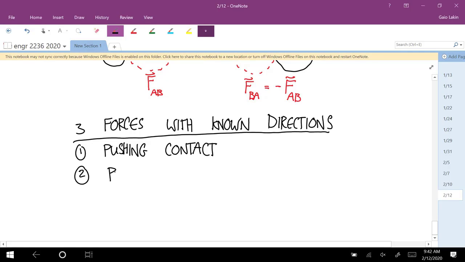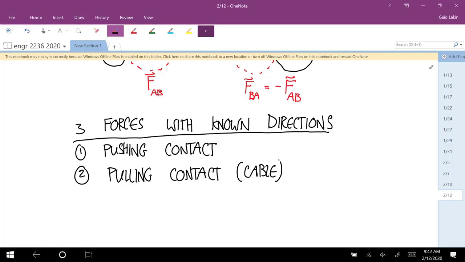The second one is a pulling contact. And you can think of this as being applied by a cable, even if there's no cable in the problem. You can always think of it as like there's a little invisible cable that things are being pulled by. And then the third one is friction.